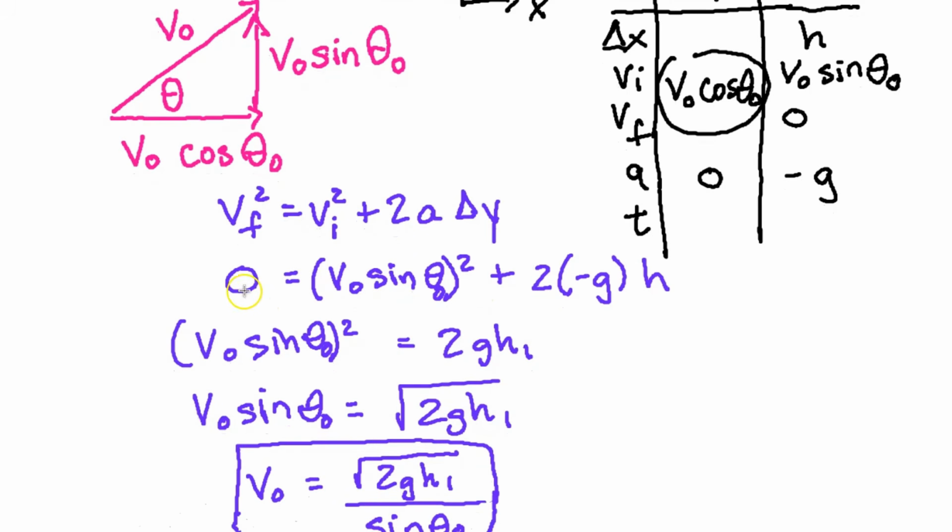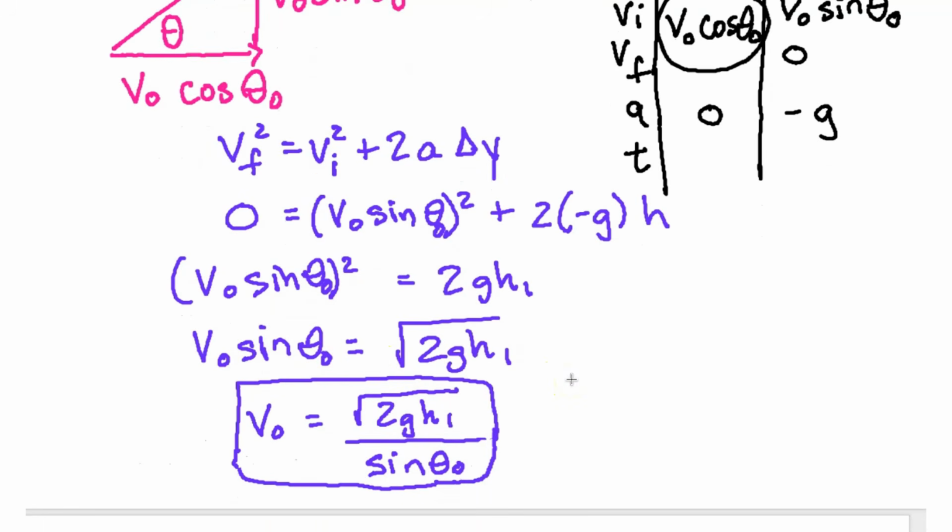My v final is 0. My v initial squared is v naught sine theta naught, and that is squared. And my acceleration is negative g, my delta y is h. Moving the negative 2gh to the other side and then getting rid of the negatives on both sides, we get v naught sine theta naught, that whole term is squared, is equal to 2gh1.